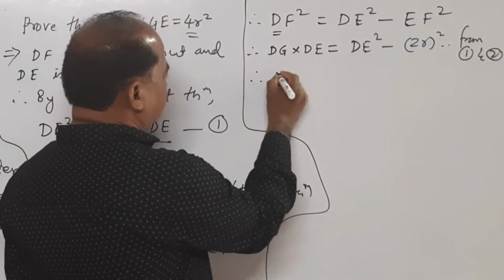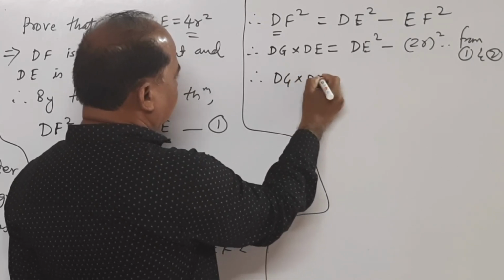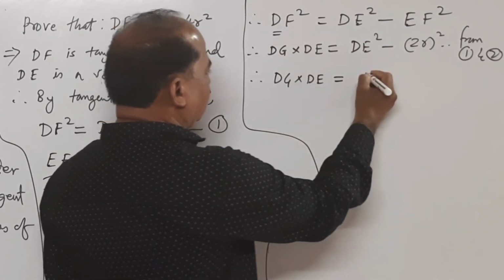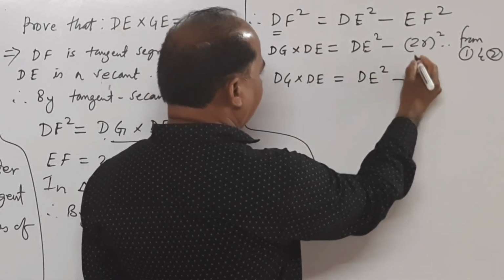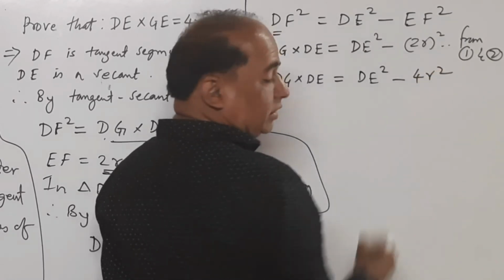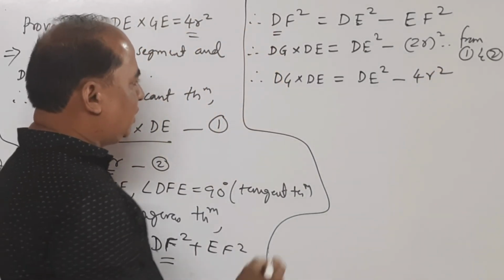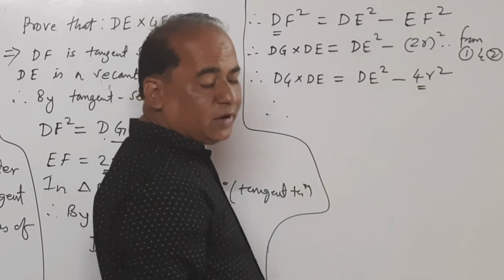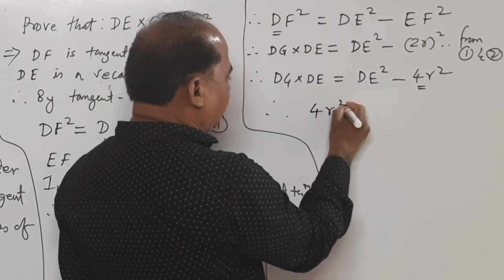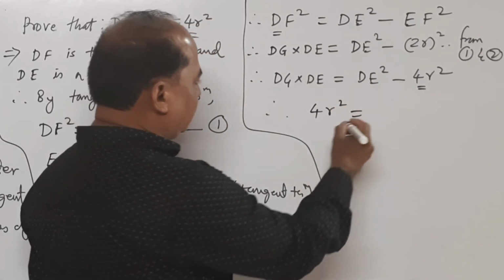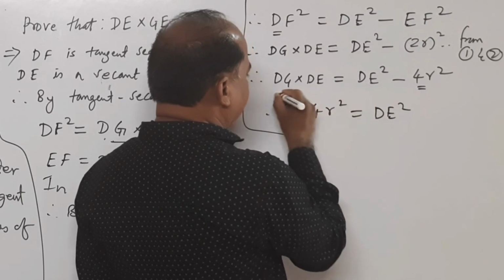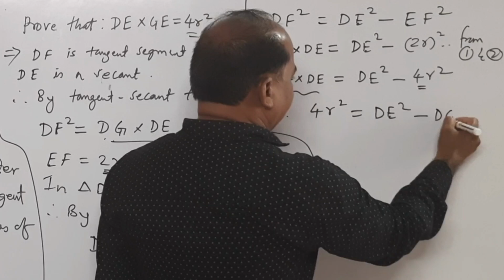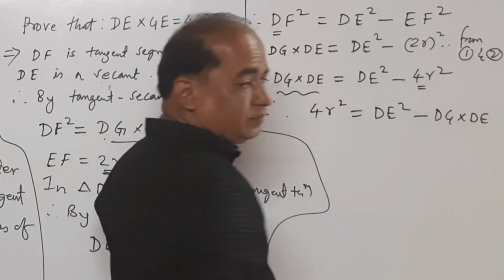Now we simplify. DG into DE is equal to DE square minus 4R square. Changing the sides, we take 4R square to the left hand side, and it becomes plus 4R square is equal to DE square minus DG into DE.